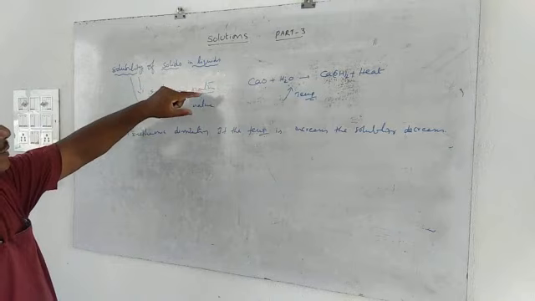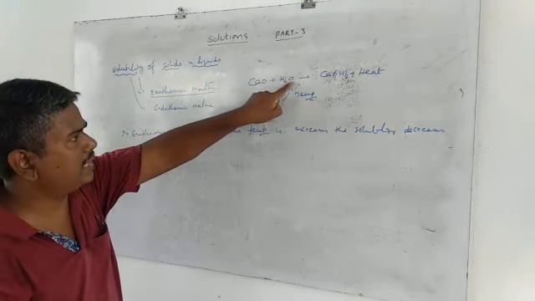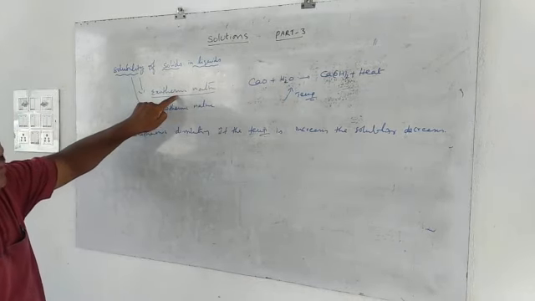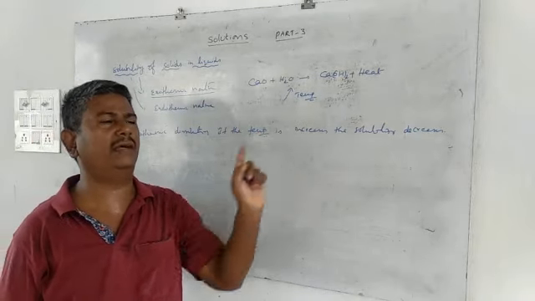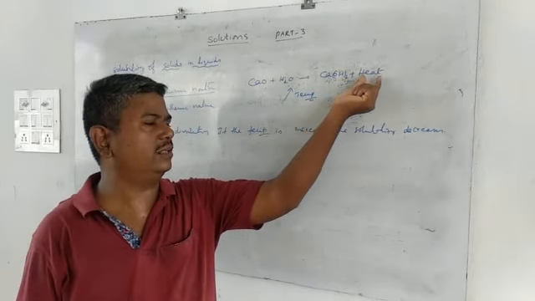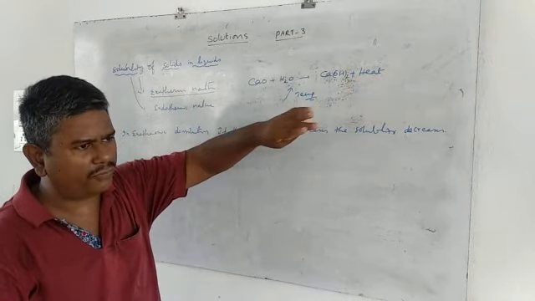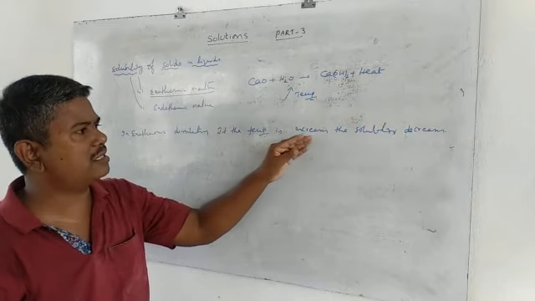That means the dissolution process of a solid in liquid is exothermic. Then if the temperature increases, the solubility decreases because in that reaction heat is evolved. So it is an exothermic process. For an exothermic process, if the temperature increases, the solubility will decrease.